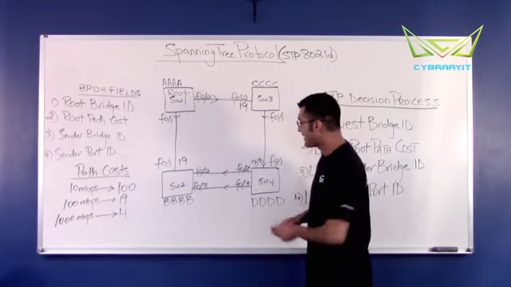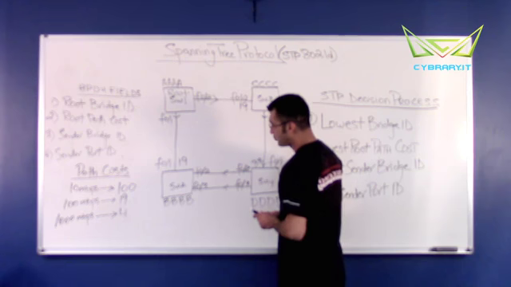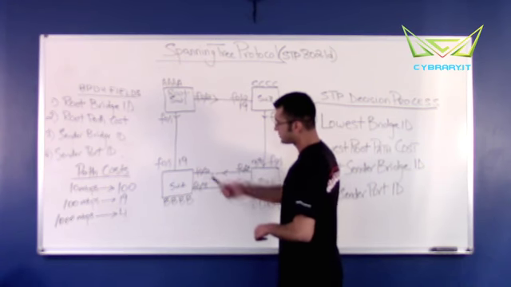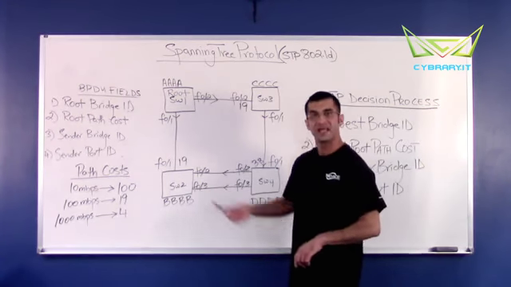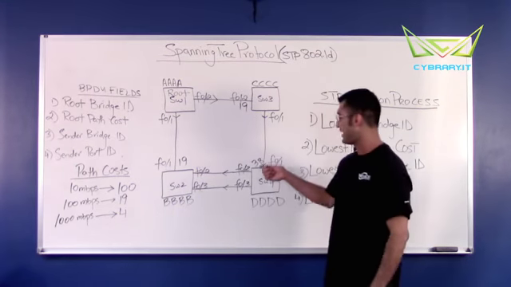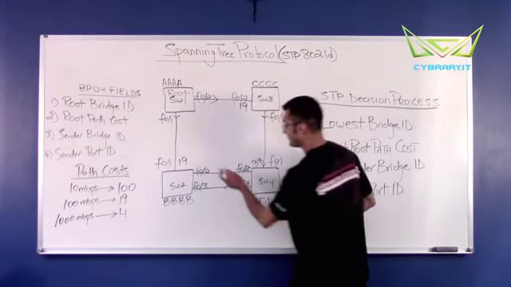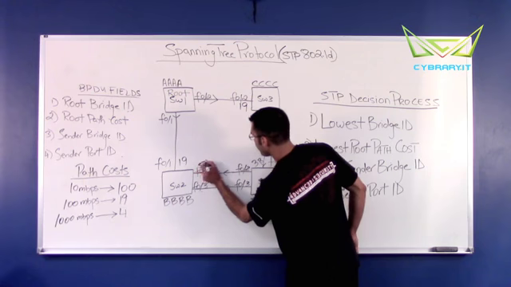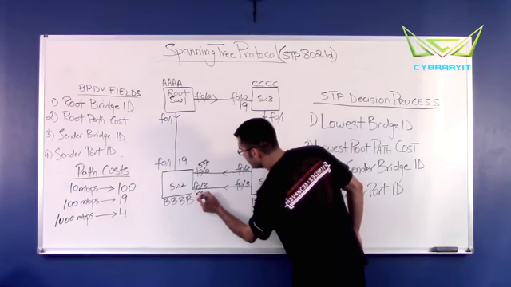This BPDU traverses this link and enters switch 2 port F0/2 and switch 2 port F0/3, and the cost is incremented by 19 again, so 38 plus 19 is 57. 57 here and 57 over here.